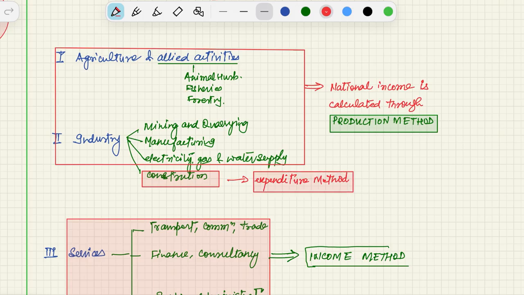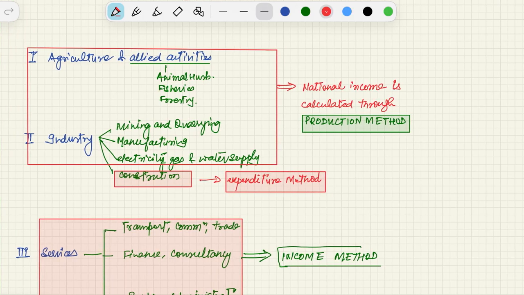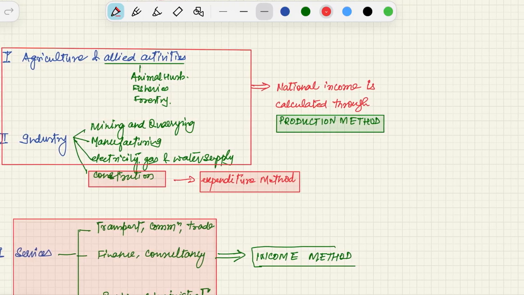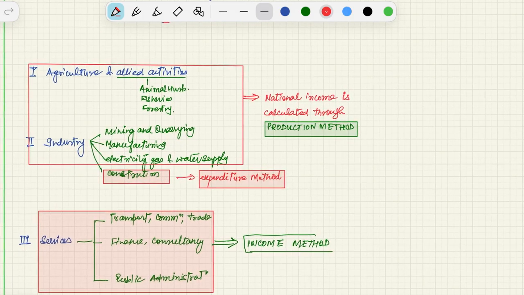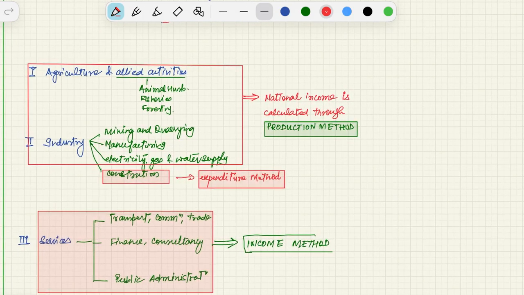I hope you understand. Generally we divide economic sectors into three sectors: agricultural and allied activities, industry, and services. Okay, that is the thing.